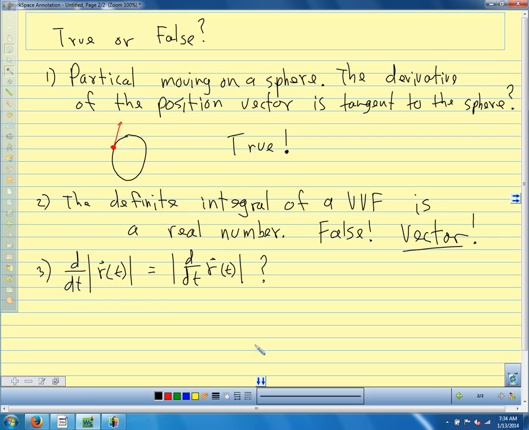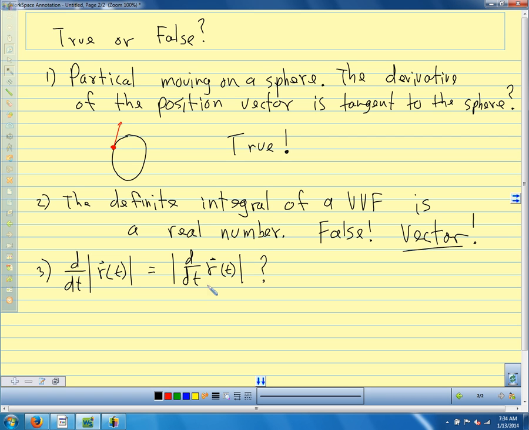Right, so there's our counterexample. If we're on the surface of a sphere or on the plane, uniform circular motion, the magnitude of the position is the radius. Uniform circular motion, the radius is constant. But is the speed constant? Not necessarily.